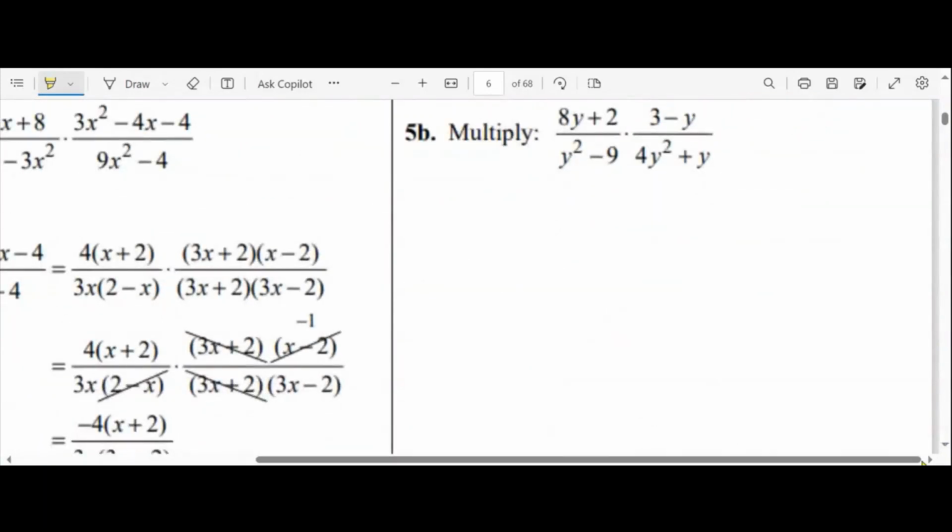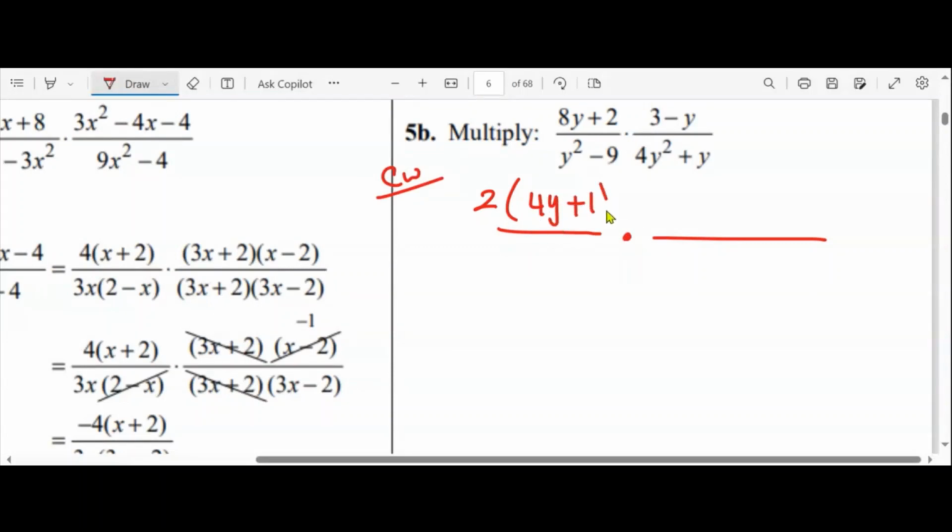Now we're going to do another one. Can you do this one on the right side? Yeah, I'll do the hard one. What's the greatest common factor here? What's left? I'll do one more for you, so don't complain.